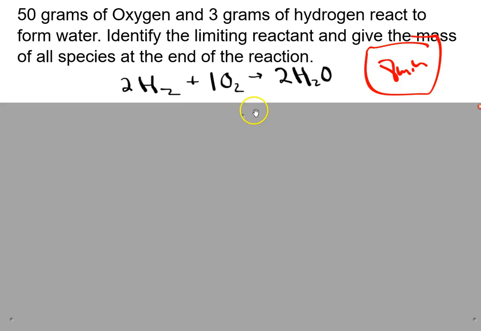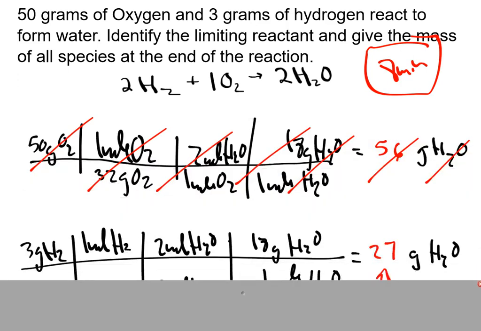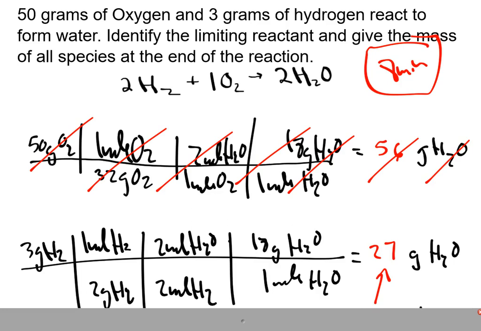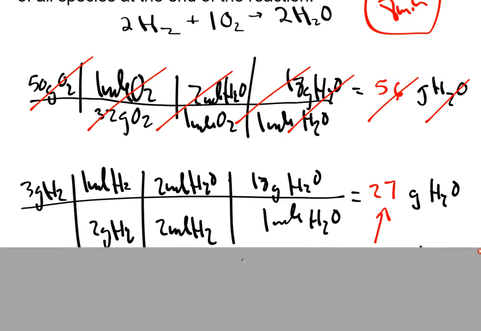Oh, this probably wasn't super fun. The first thing you do is you take both your given masses and you solve for one of the two products. Now this one only had one product, but we have been doing two. And it's just one more picket fence, so it's fine.